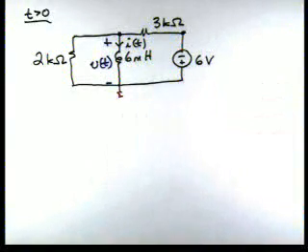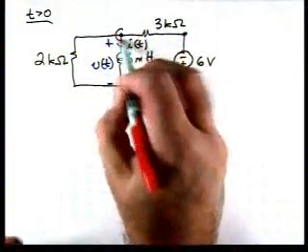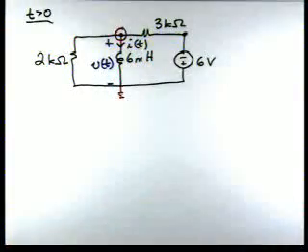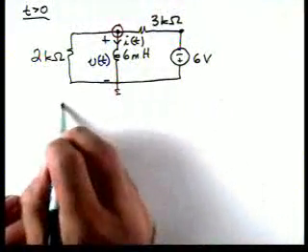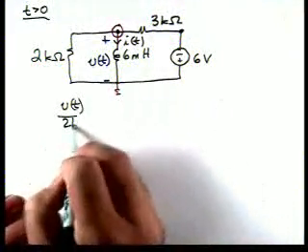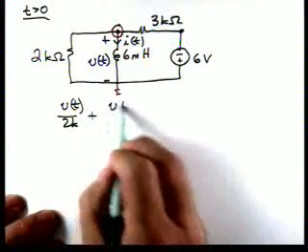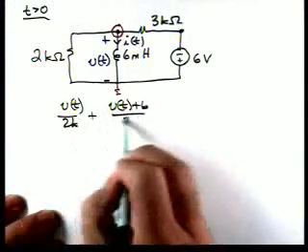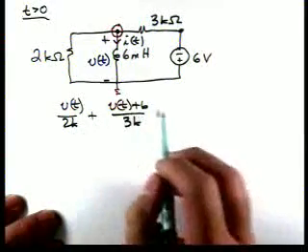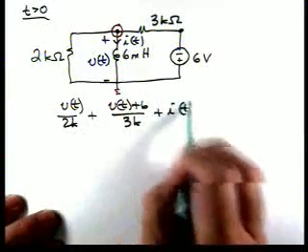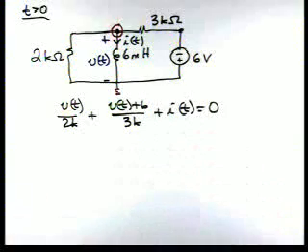So now let's apply KCL to this top node. So we'll have v(t) over 2K plus v(t) plus 6 over 3K plus i(t) equal to 0.